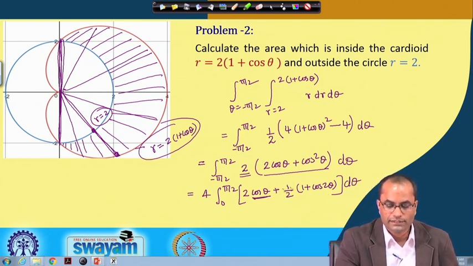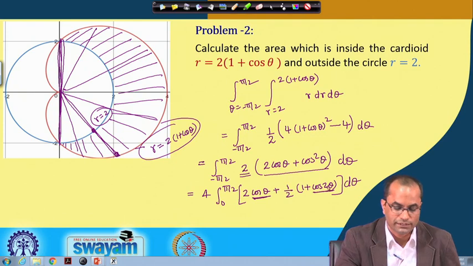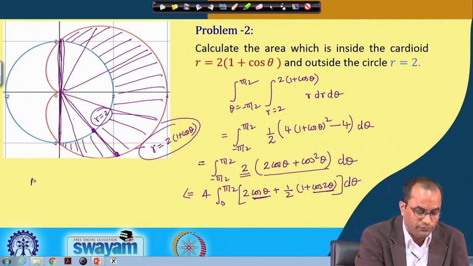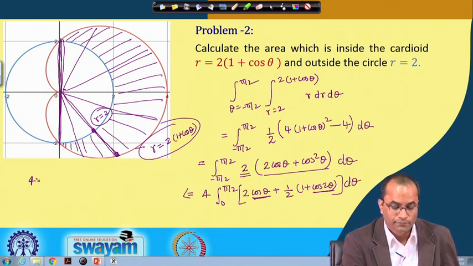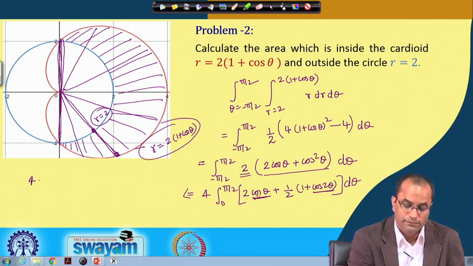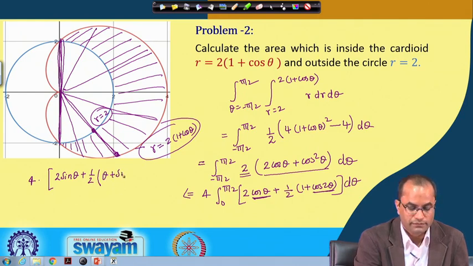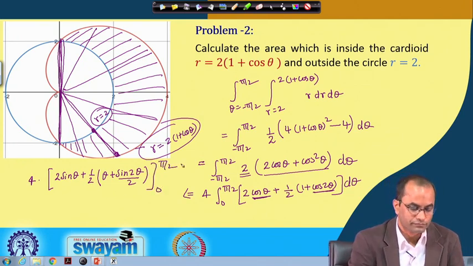So, here we will have the sine term, and here also we will have the sine term. If we compute this now, we will get 4 times, with the limits 0 to pi by 2: 2 sin theta, plus half theta, plus sin 2 theta by 2.